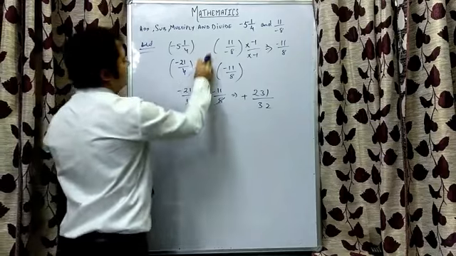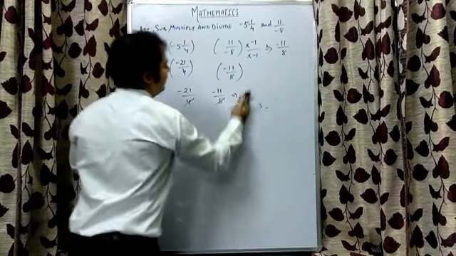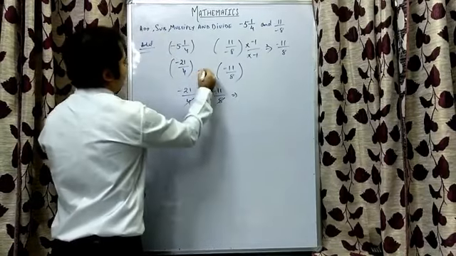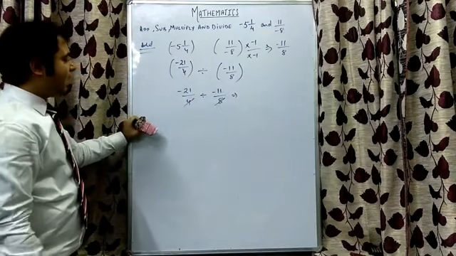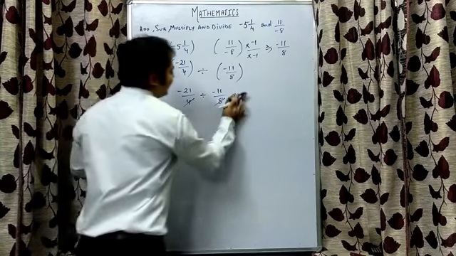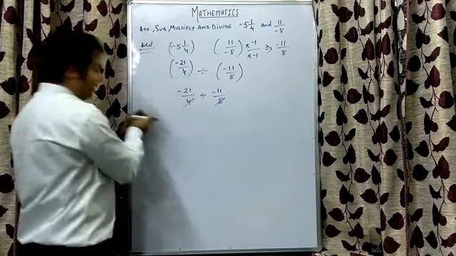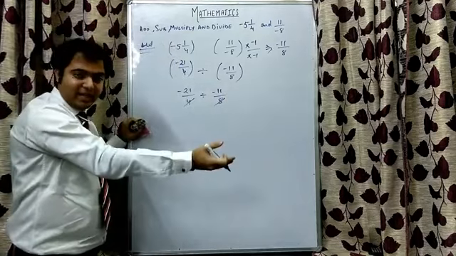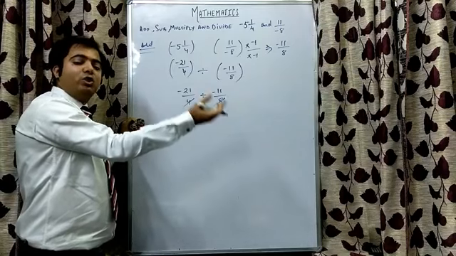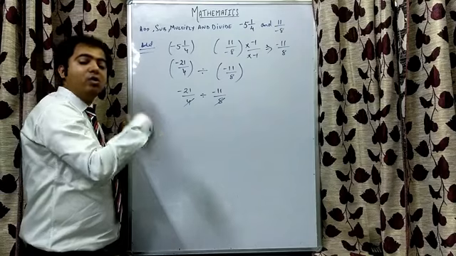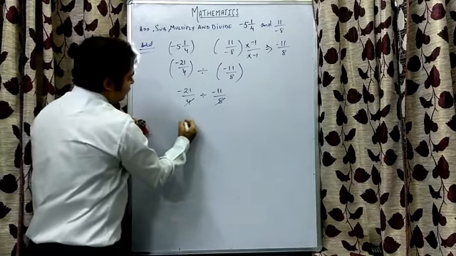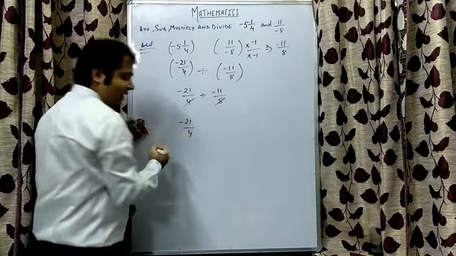Now for division, we'll just put the division sign. In division, children, what happens is we reciprocate the number on the right side of the sign, and we change the division sign into a multiplication sign. So minus 21 by 4 will remain as it is.